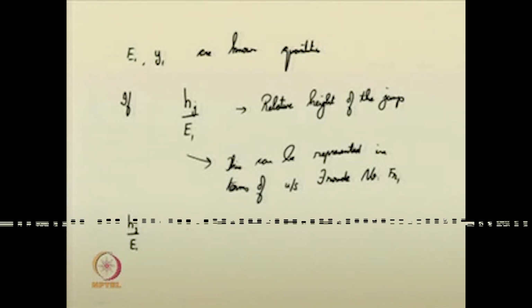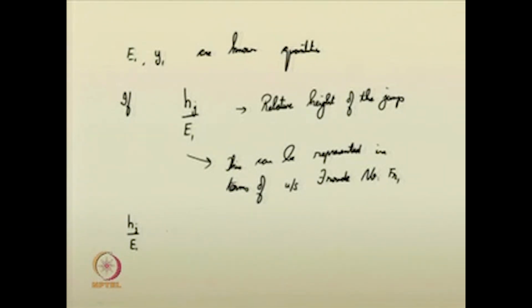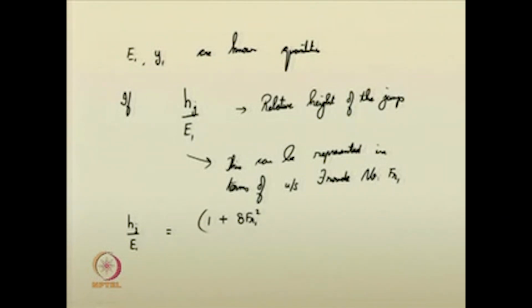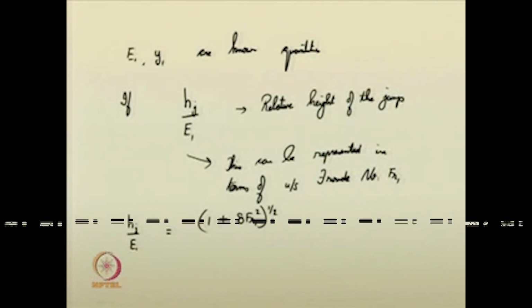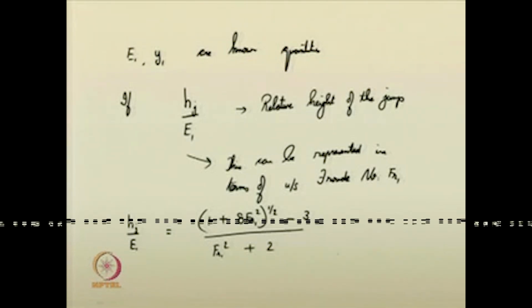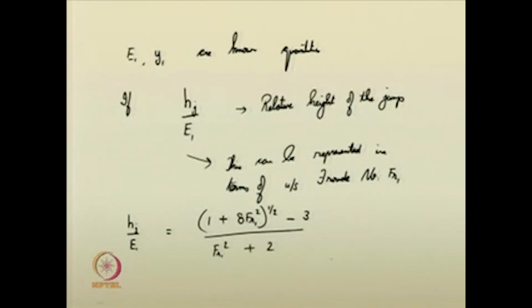The relative height of the jump is a non-dimensional quantity, and it is equal to the square root of 1 plus 8 FR1 square, minus 3, divided by FR1 square plus 2. Like this you can obtain the relative height of the jump as well. Why do you require these quantities? Why are such non-dimensional quantities identified? We will see that; it will be quite useful.